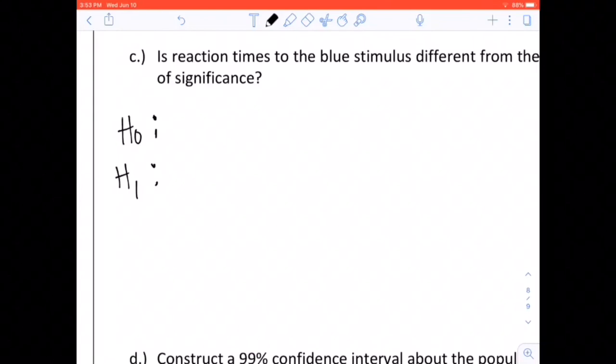Since we subtracted those values because we had matched pairs data, we're going to use mu sub d. Our null is always that it's equal to 0, which would mean that there's no difference in reaction time between that red and blue stimulus. And so our alternative hypothesis is going to be that there is some kind of difference, so that would be not equal to 0.